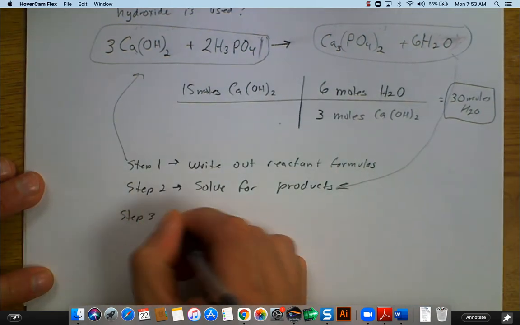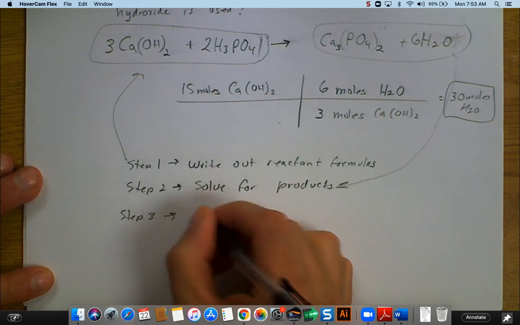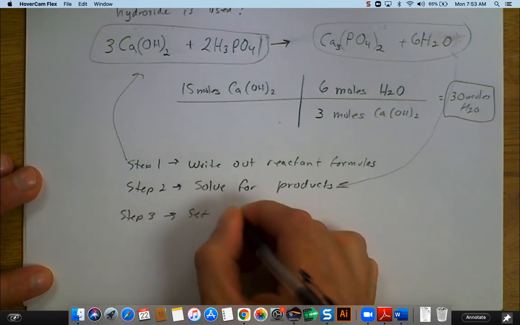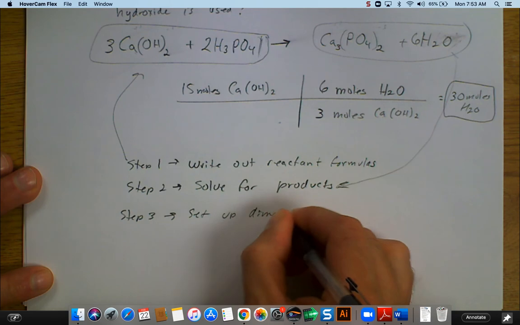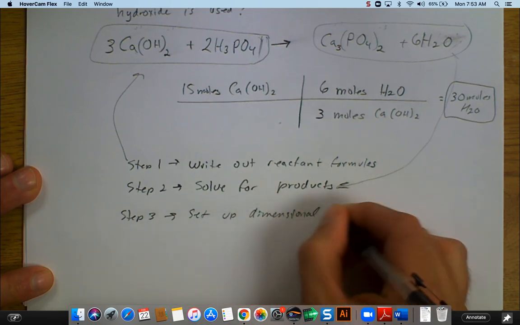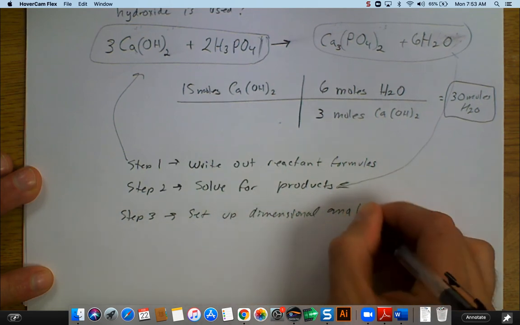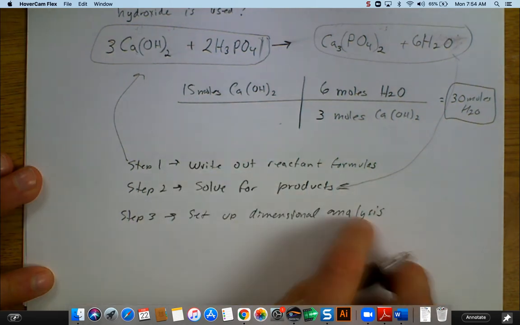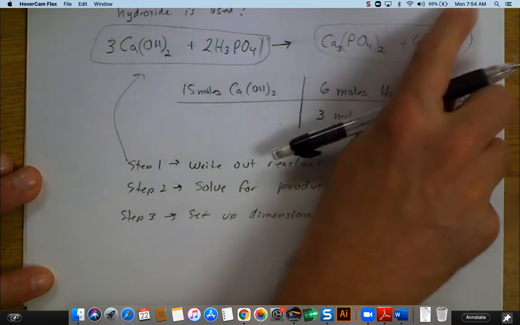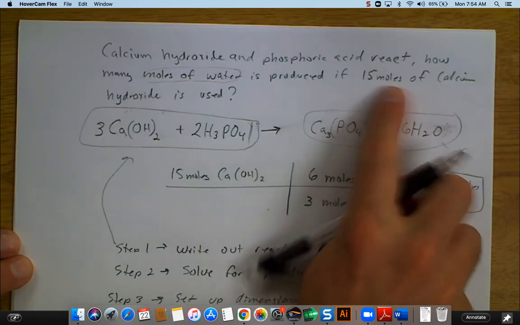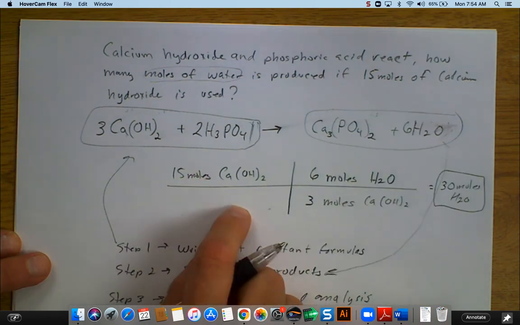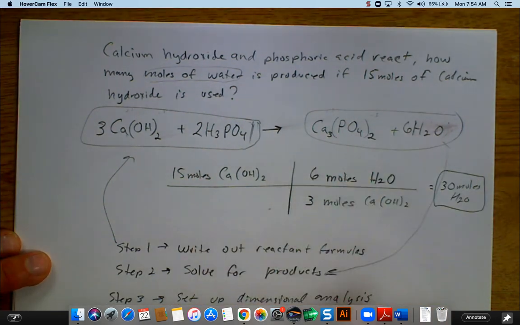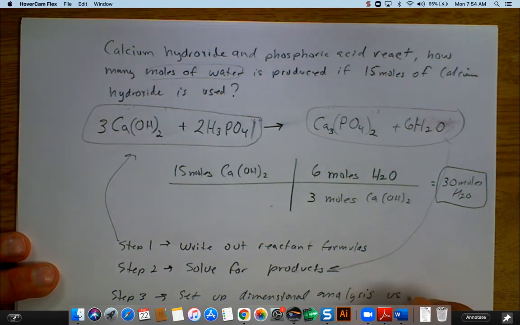Step 3, set up dimensional analysis. You got your start and end because we got a number for our start. Our start was 15 moles of calcium hydroxide, and then we set up our dimensional analysis using the very important chart. Remember, we use that.